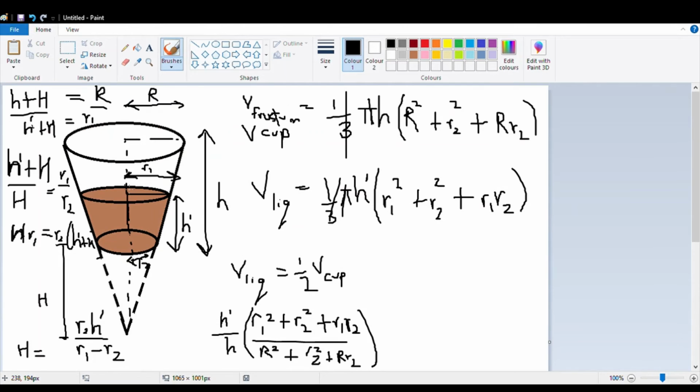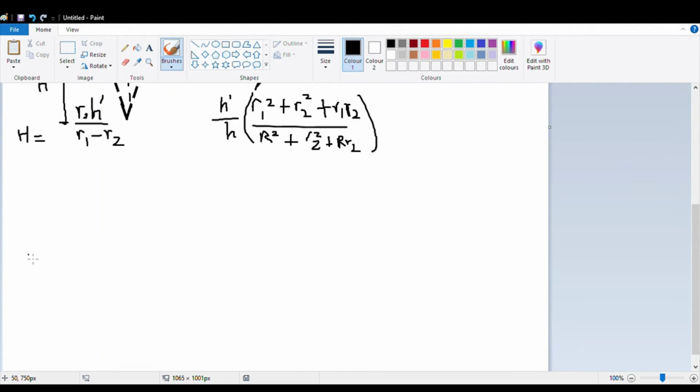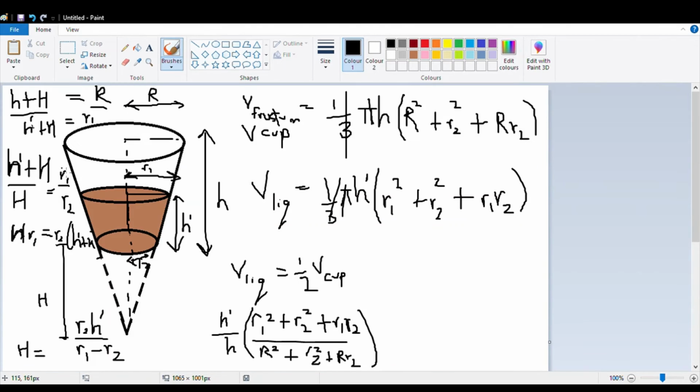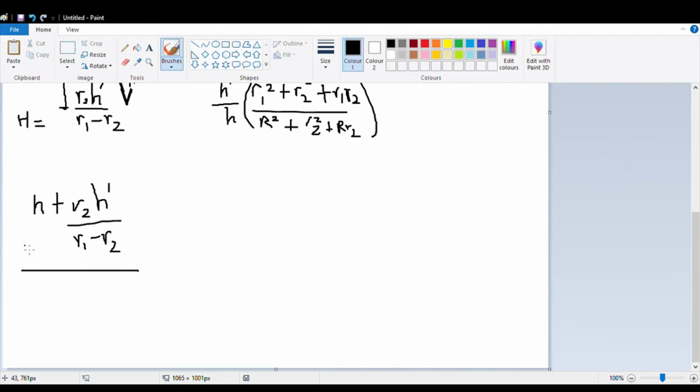So we have this relation, and we can plug in some numbers. We have h plus R2 h prime divided by R1 minus R2, divided by h dash plus the same number R2 h dash by R1 minus R2, is equal to capital R by R1.